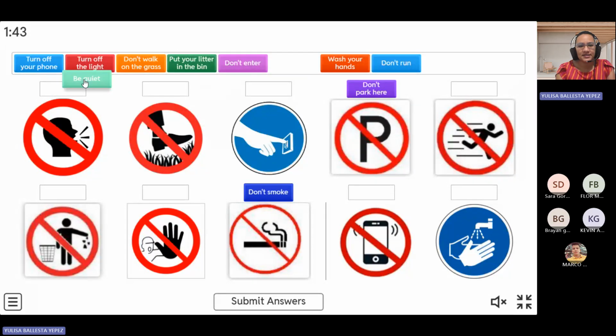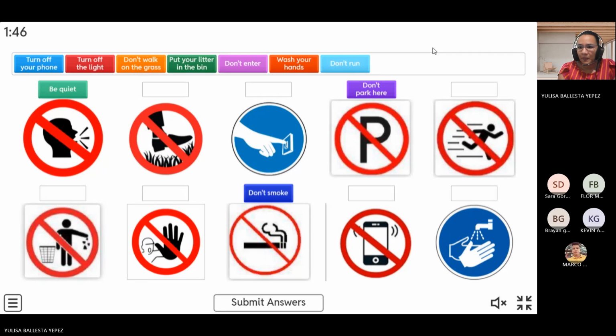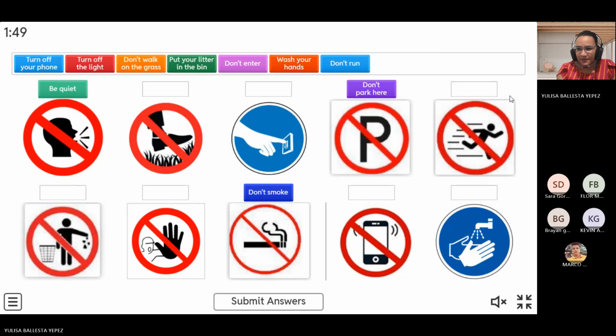In which places can you see this? Be quiet in the library. Okay, yes, in the library, very good. And when people are talking in a class and they are not listening or paying attention, the teacher could say, please be quiet. Yes, very good.